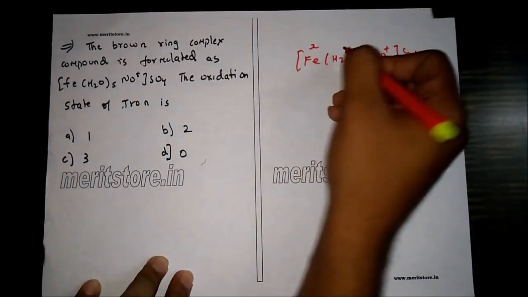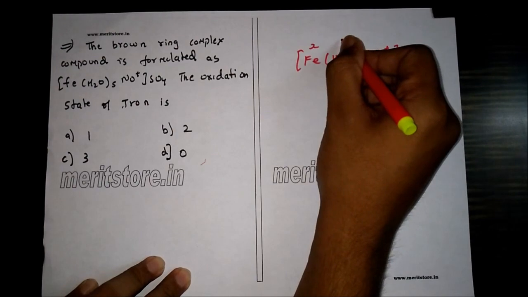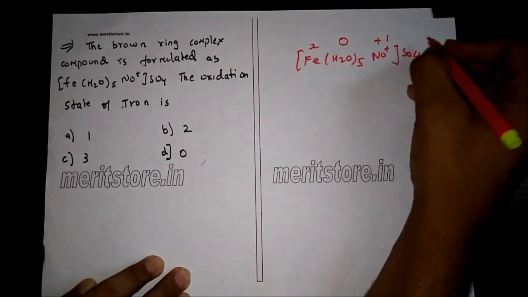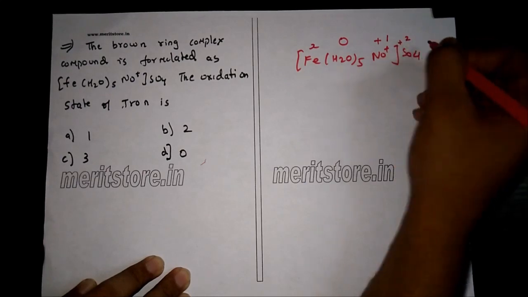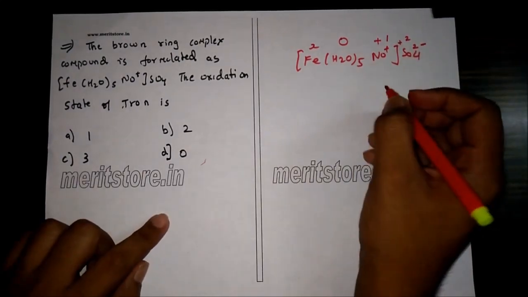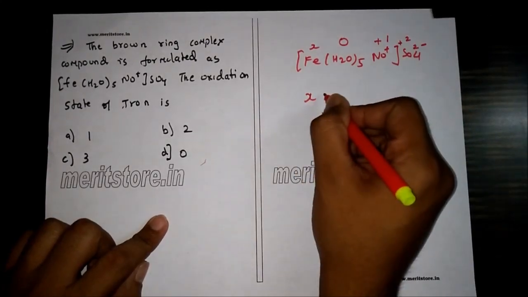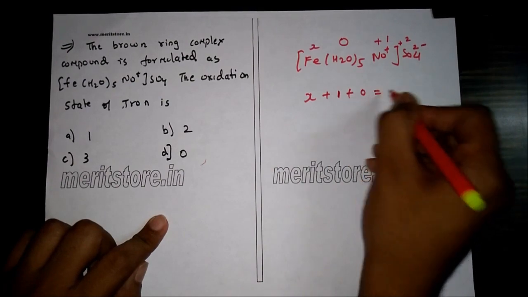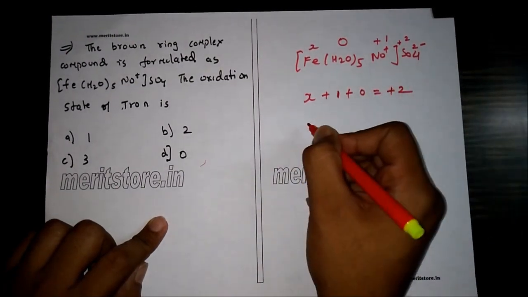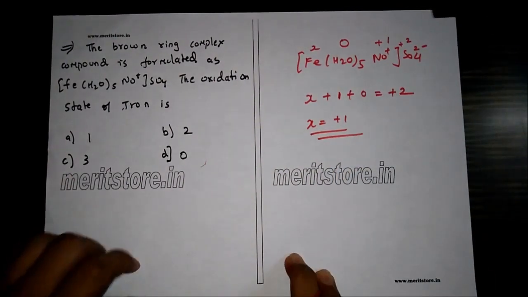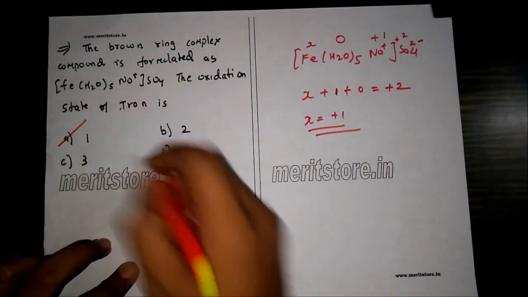So let that be X. The oxidation state of H2O here is 0, NO is +1, and this whole is +2, and SO4 is 2 minus. Therefore, we get X plus 1 plus 0 is equal to +2. Therefore, X will be equal to +1. Therefore, the correct answer is option A, +1.